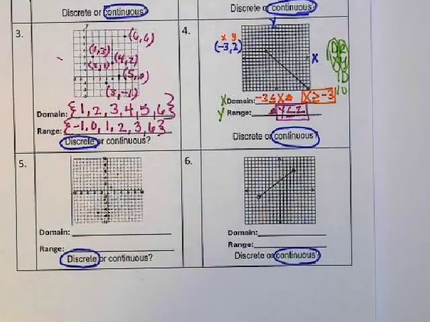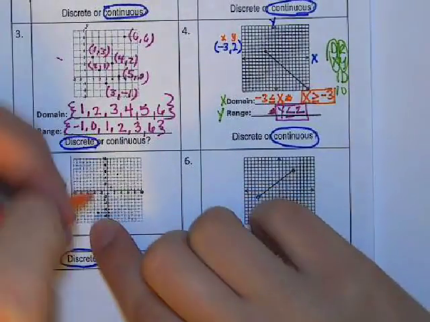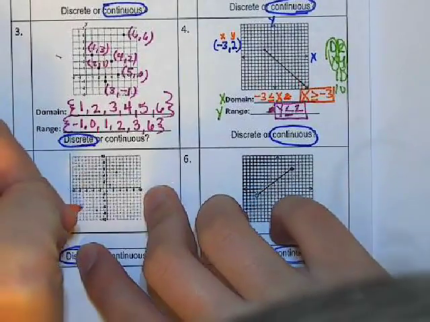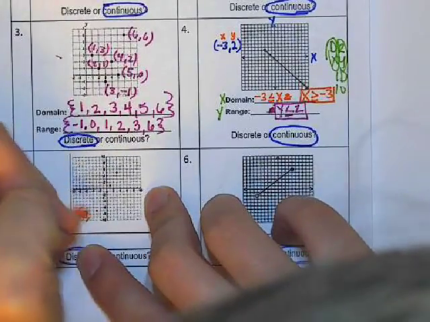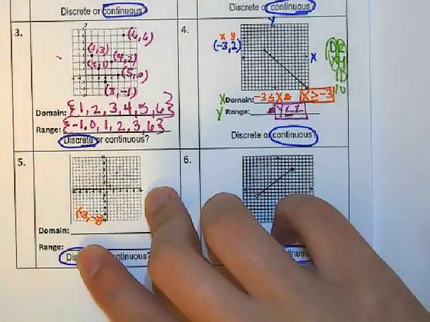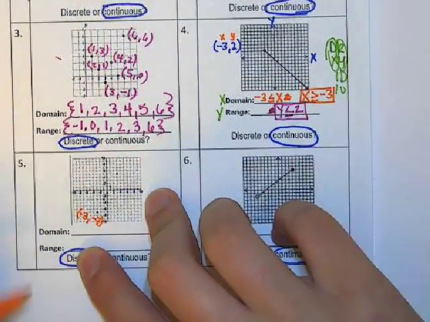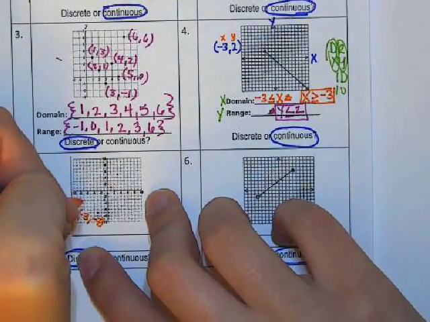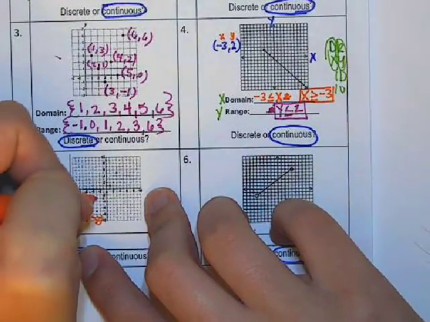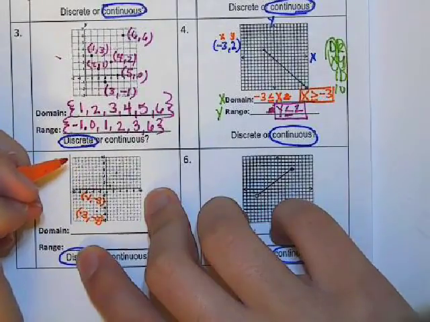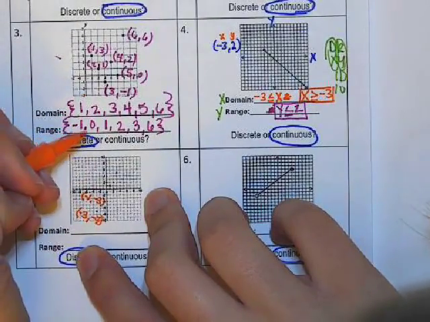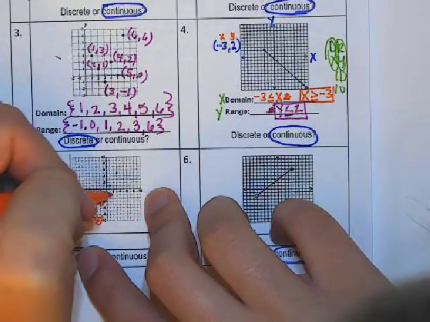Discrete, and it's random dots, right? Yeah. So we need to go find the coordinates of all the dots. All right, here we go. Starting here on this one, this is -3, -7. Then -1, -3. Then 1, 1.